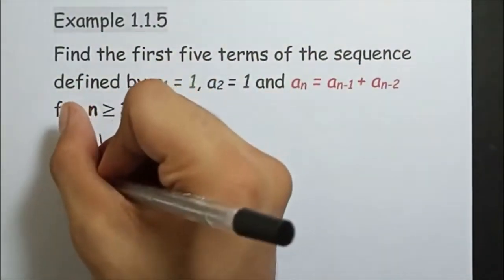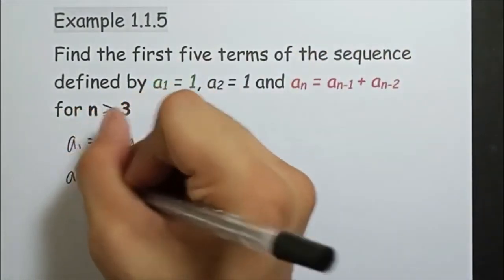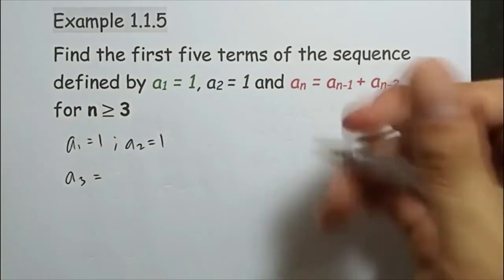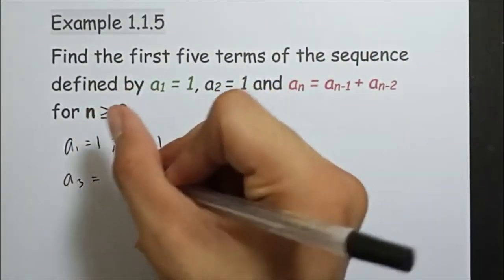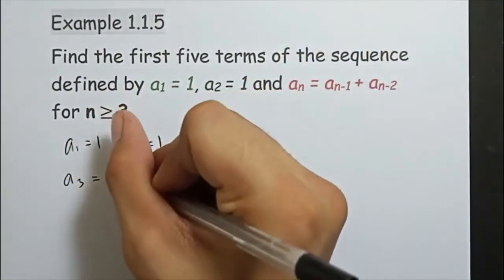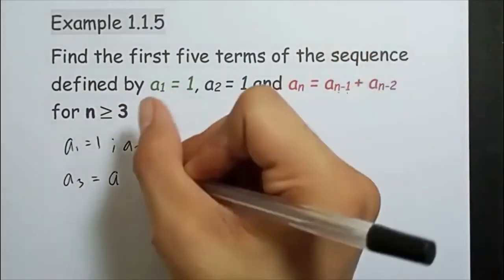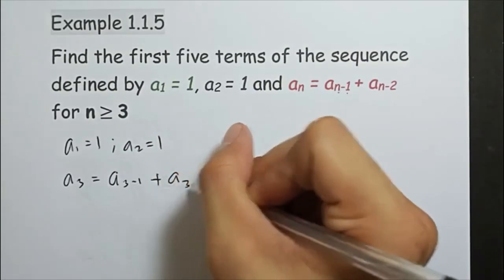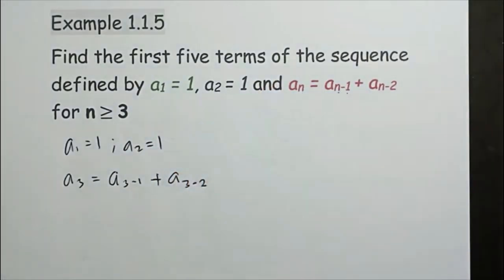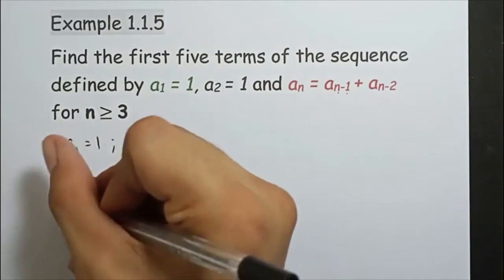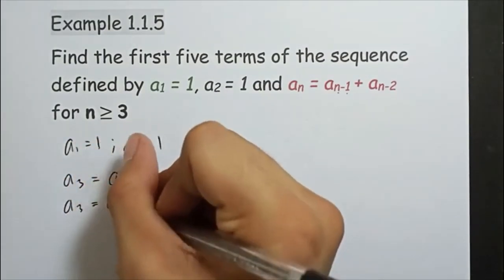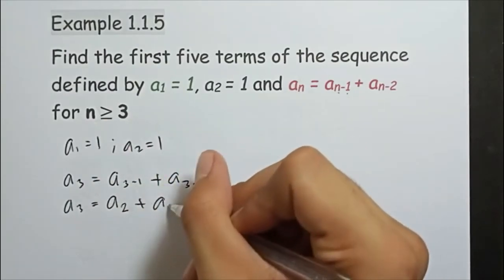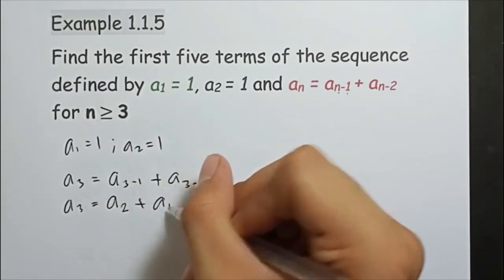Then, a sub 3 natin, first 5 terms, so hanapin na lang natin is a sub 3, 4, and 5. Follow the formula. A sub 3, kaya magiging a sub n minus 1, 3 minus 1, plus a sub 3 minus 2. So, sinasabi lang dito na a sub 2 plus a sub 1.